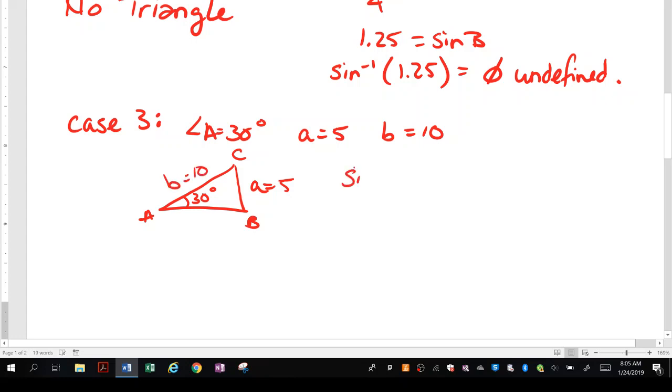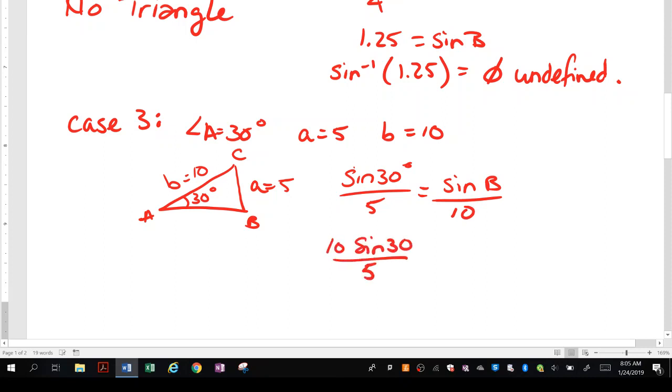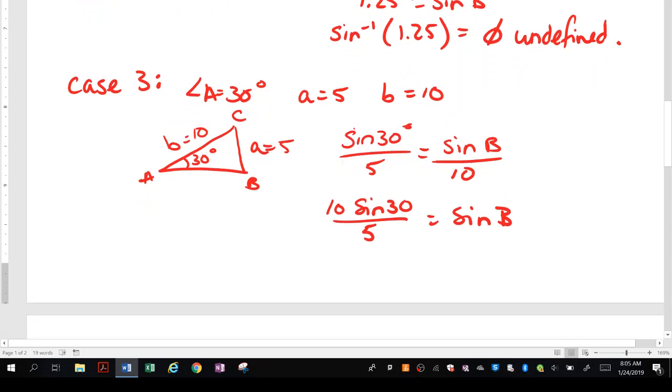Again, sine of 30 degrees over 5 is equal to sine of B over 10. So 10 sine 30 over 5 is equal to sine B. And when we take the inverse of this, it happens to equal 1. Sine inverse gives us 90 degrees. So this happens to be a 90-degree triangle.